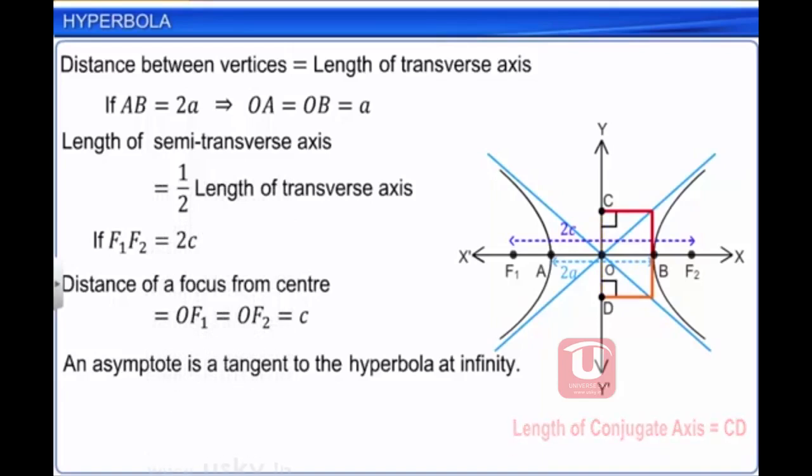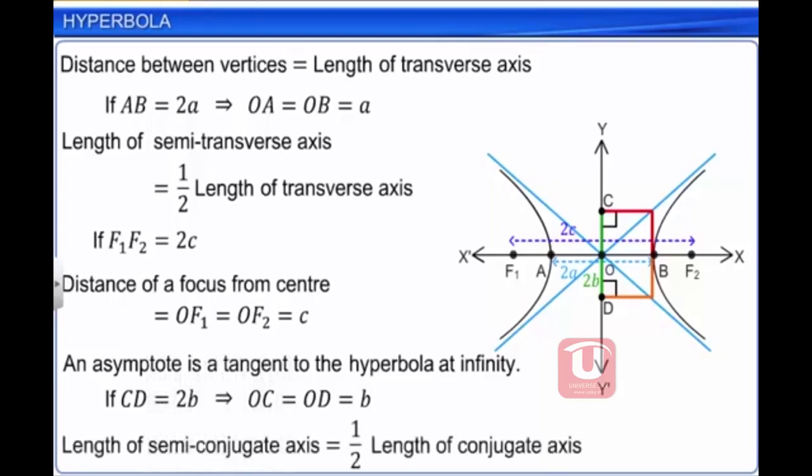You just have to remember that the length of the conjugate axis of a hyperbola is represented by 2b and gets bisected by the center. The center bisects the conjugate axis into two semi-conjugate axes.